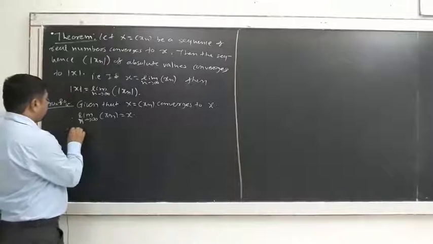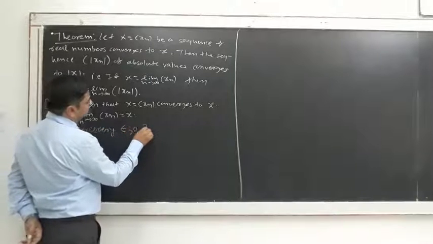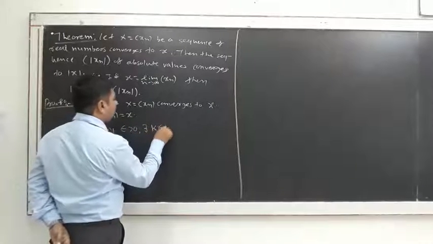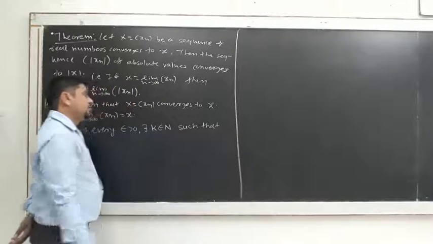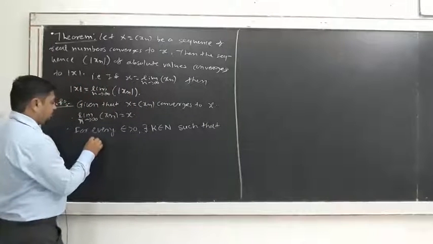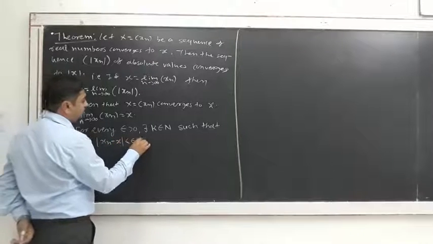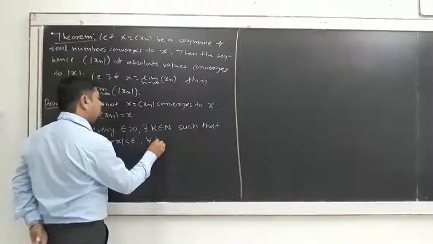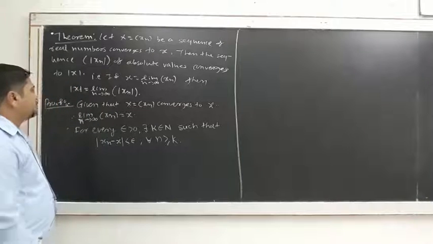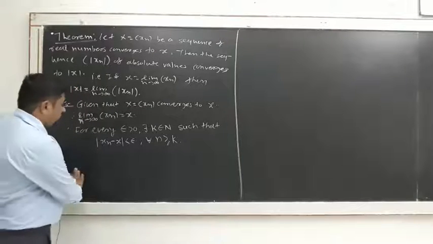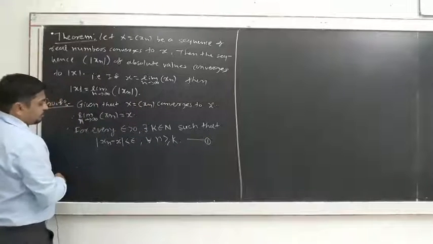Therefore, by the definition, for every epsilon greater than 0 there exists a natural number K such that |xn − x| < epsilon for all n ≥ K. We just write the definition of the limit of a sequence. Say this is equation number 1. Now we have to use one inequality.